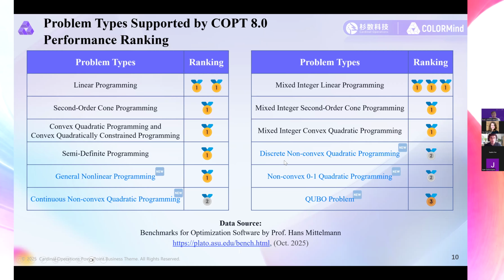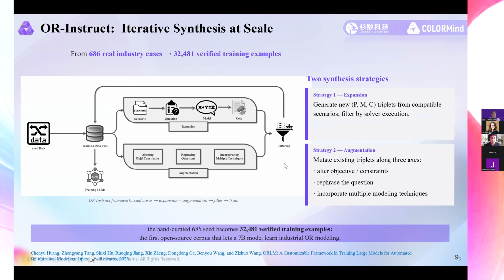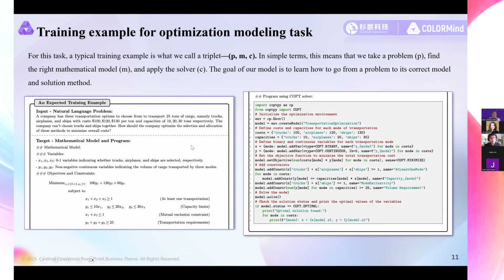So our large language models are able to build the model and call the solvers to solve different types of problems. This is a typical example: you input a problem described in natural language, and the output is a formulation and also programming code that can call the solvers and then solve the problem.